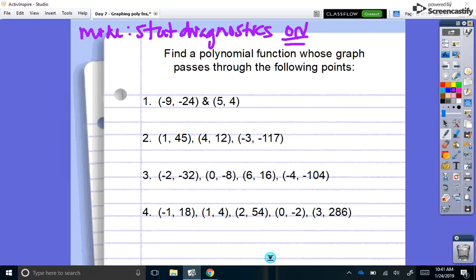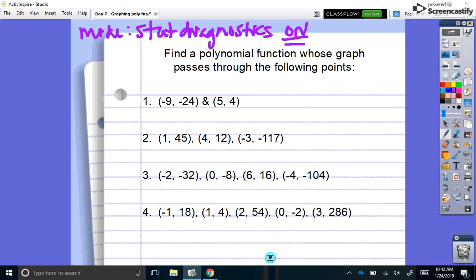If you have an older calculator, you need to hit second 0. So second catalog. Scroll all the way down till you see diagnostics on, and then you need to hit enter a few times. You just hit enter twice, it will say done, and you're ready to go.